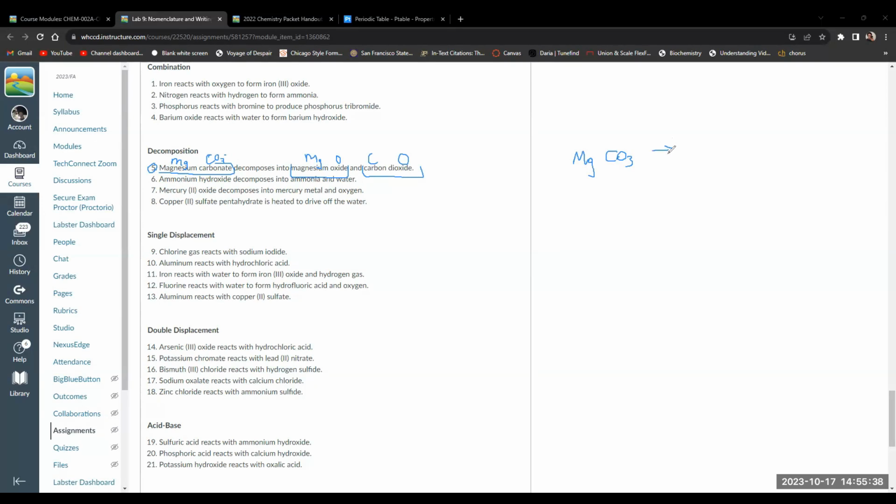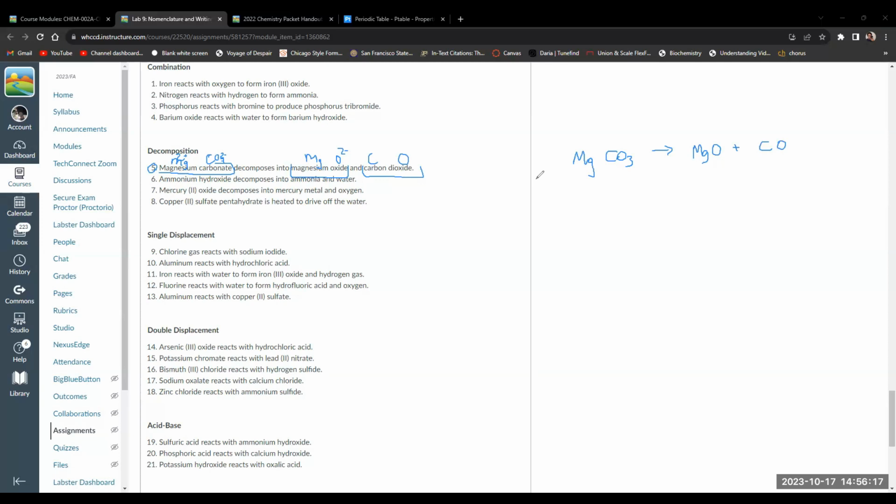It decomposes into magnesium oxide. Oxygen has a 2 negative charge. So another easy balance here. And we have carbon dioxide.